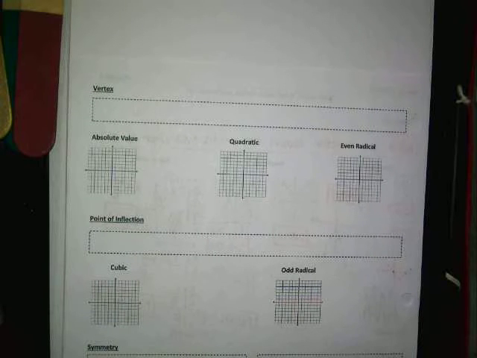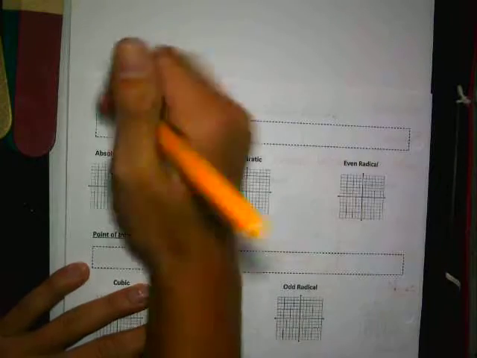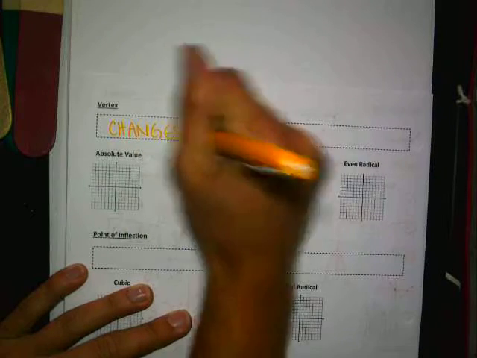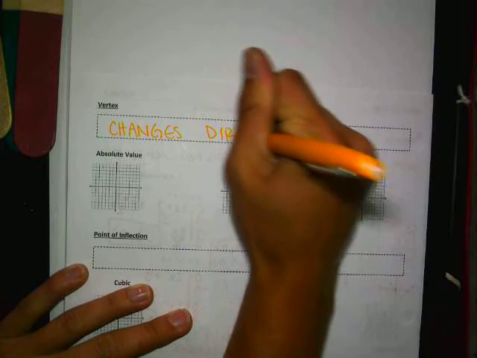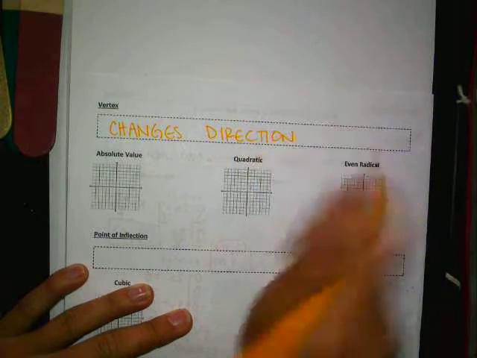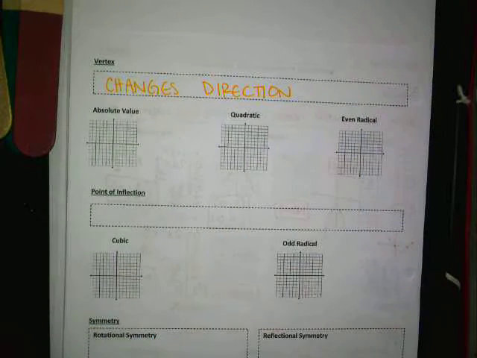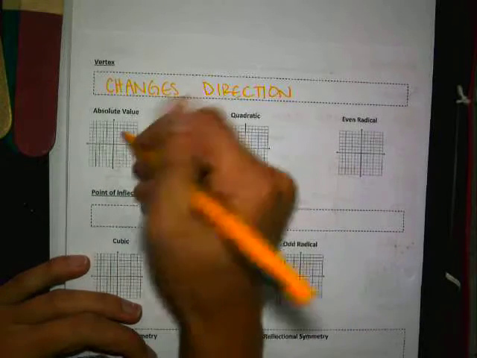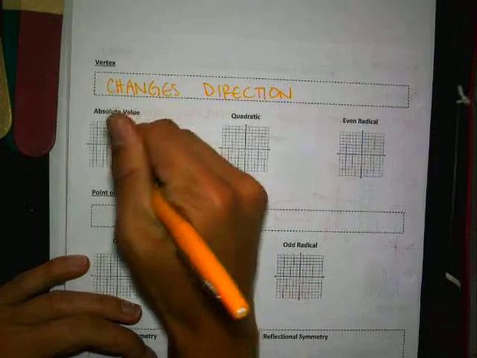Okay, vertex. You probably have heard the vertex term before, right? The vertex is going to be where your function changes direction. All right, so go ahead, draw in the absolute value function.